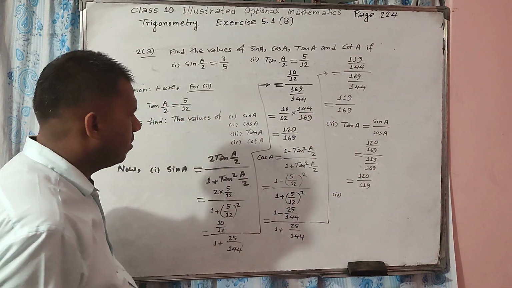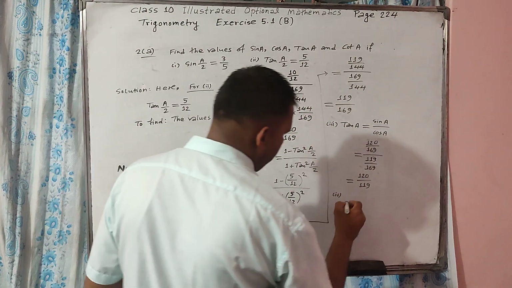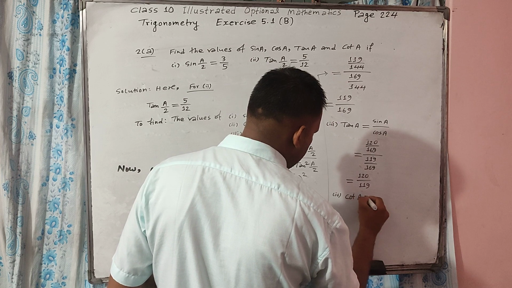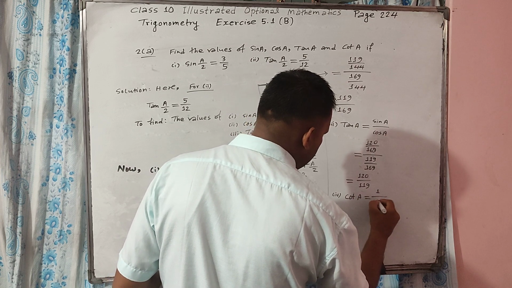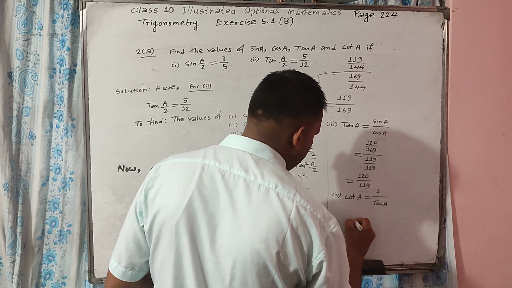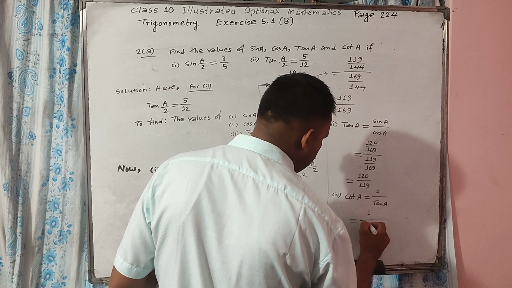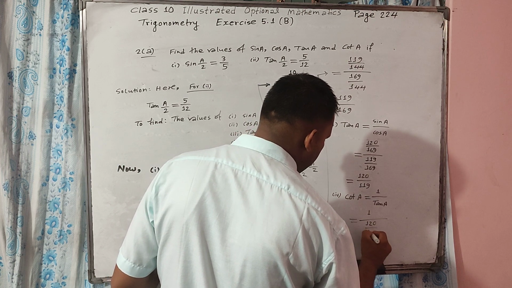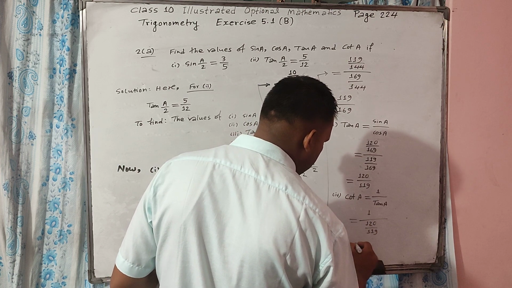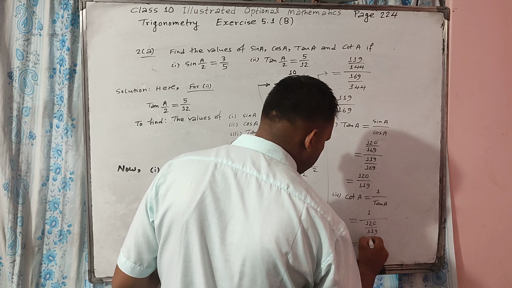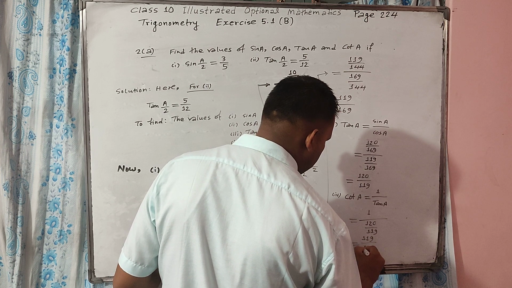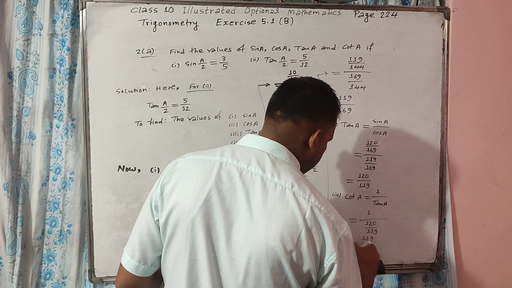Number 4, cot A. Cot A equals 1 upon tan A, 1 upon 120 by 119. This equals 119 upon 120.